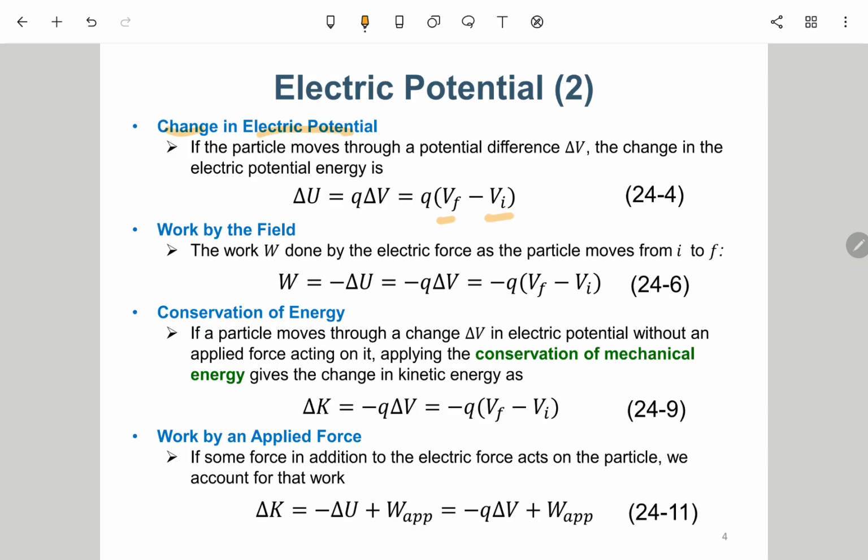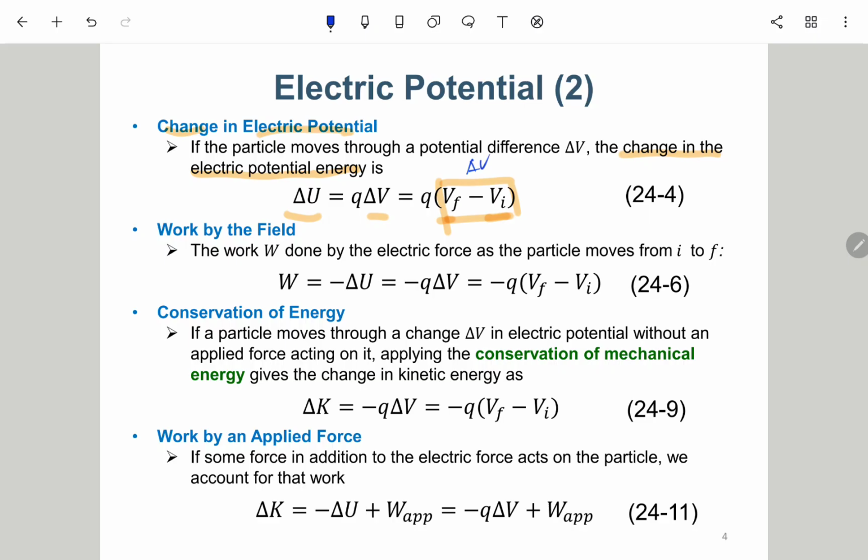By moving this charge, you will change the potential energy. The change in the electric potential energy, which we denote as delta U, is Q delta V, where delta V is Vf minus Vi.